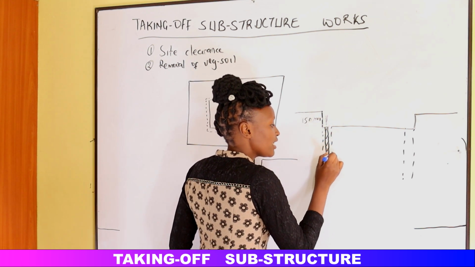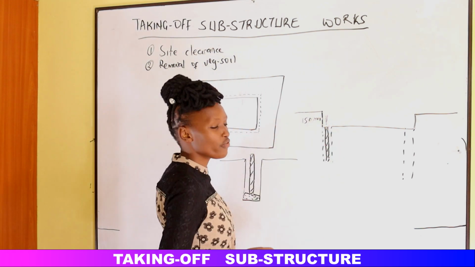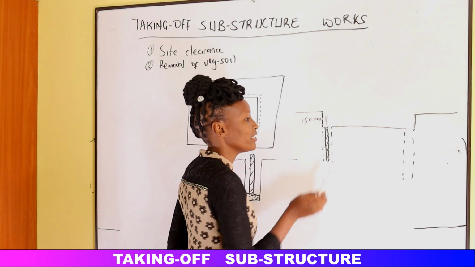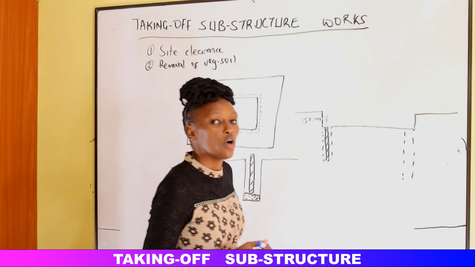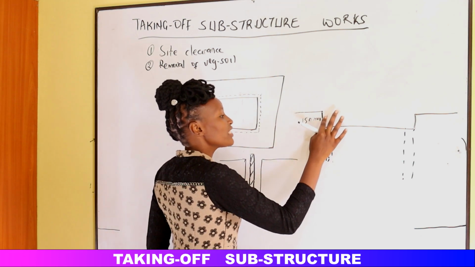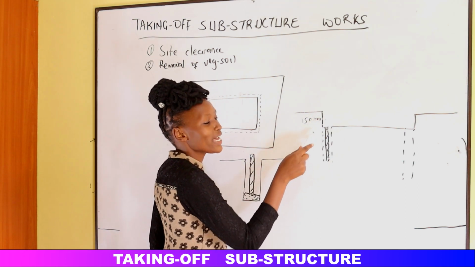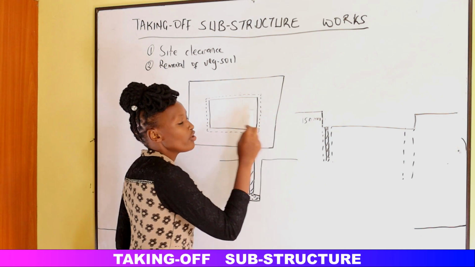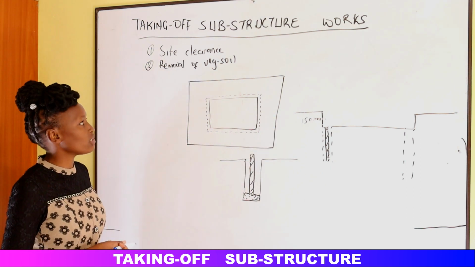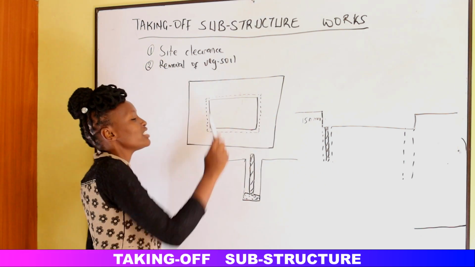That's why we take the external dimensions of the building, then add the spread. So the level of the site will be 150 millimeters lower than the other level of the whole site. That is what we call removal of the vegetable soil.